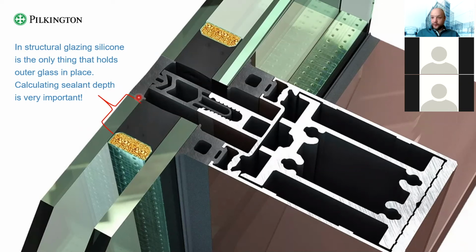Sorry, I'm stressing this a lot because this is very important. In order to calculate the depth of the secondary sealant, you need to provide the silicone producer with the following information. The size of your IG unit, the composition, which glass you're using, what thickness, and so on.